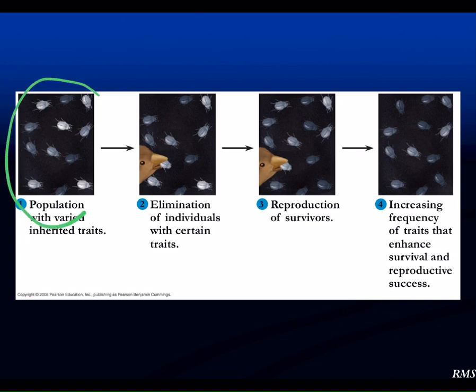So here we have a population of beetles, and in that population, there's variation in beetle color. There's every coloration from dark to light. But now we're going to introduce a predator into that population. Based on that environment, which is very dark, and you have all these beetles there, now comes the selective pressure of a predator, and the predator starts eating beetles.